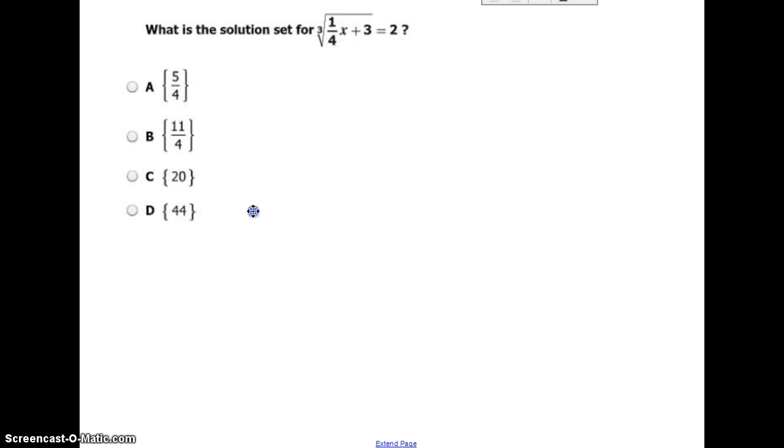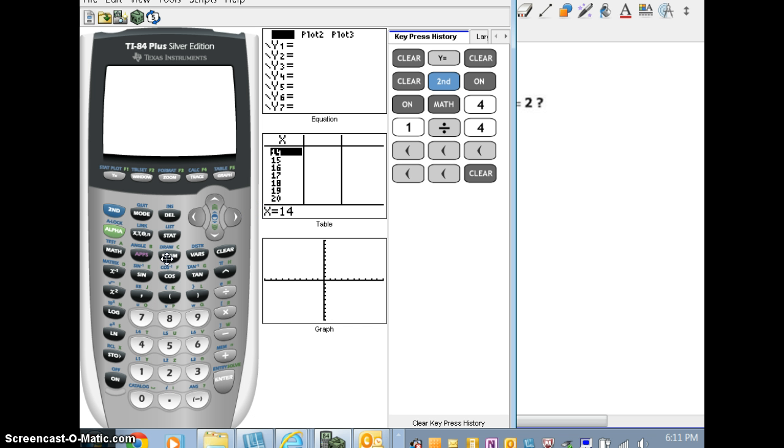And on your calculator, I'm going to bring up my calculator up here on the screen. It's a little bit different from yours, though. You're going to hit the math button and then choose number 4.